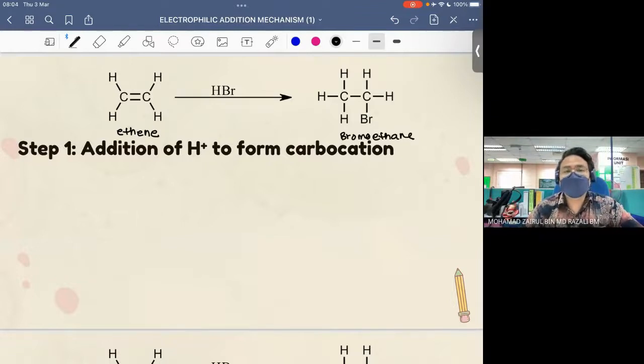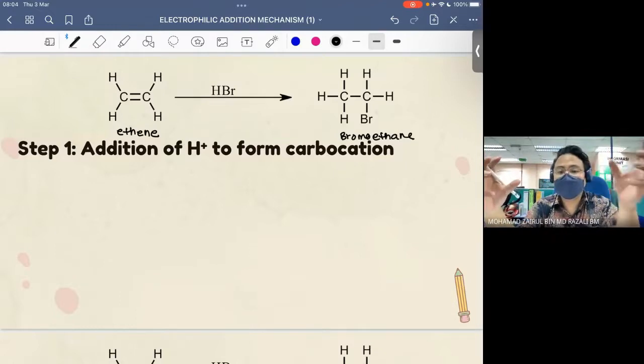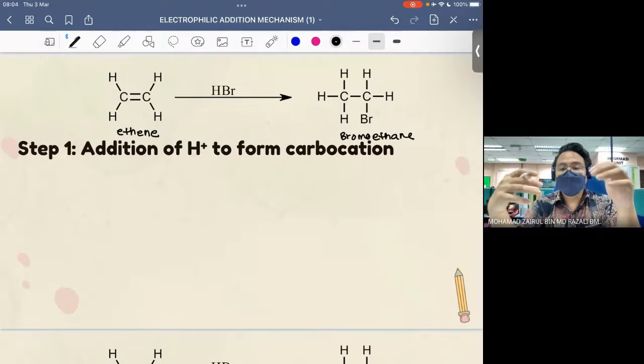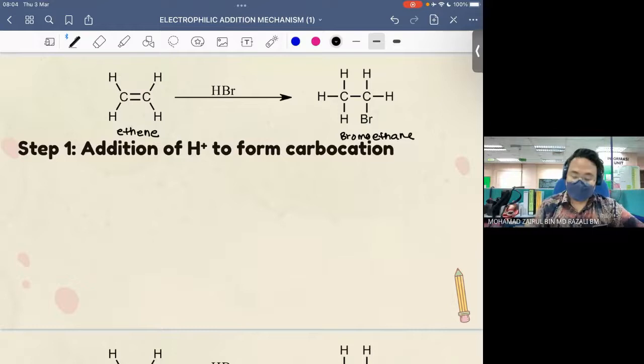Normally sebelum kita buat reaction mechanism, awak tulis dulu dia punya chemical equation supaya awak tahu hydrogen tu awak kena tambah dekat carbon mana, and the halide ion itu awak kena tambah dekat carbon yang mana satu. So apa-apa pun buat chemical equation dulu, because the chemical equation itu dia boleh act as a guide untuk awak buat sewaktu awak buat mechanism. So the first step is the addition of H plus to form carbocation.